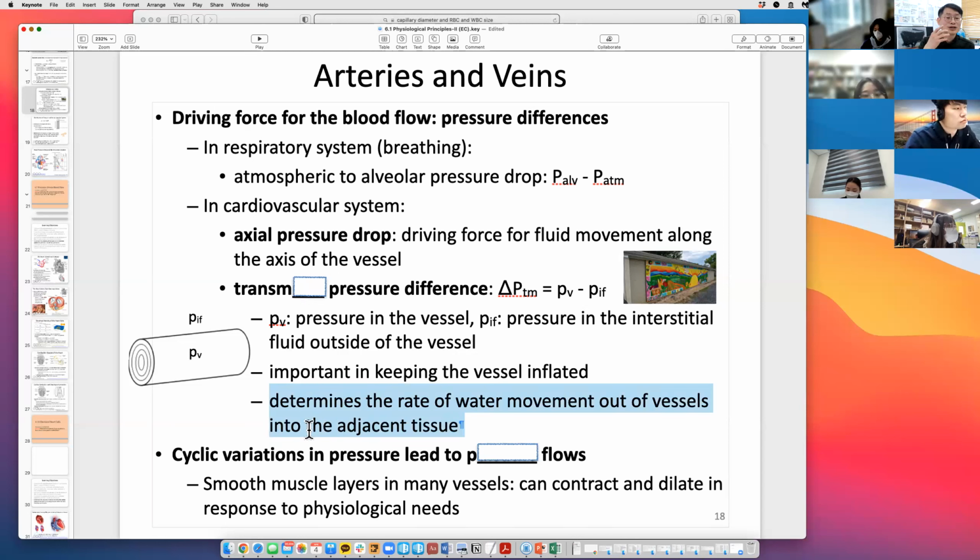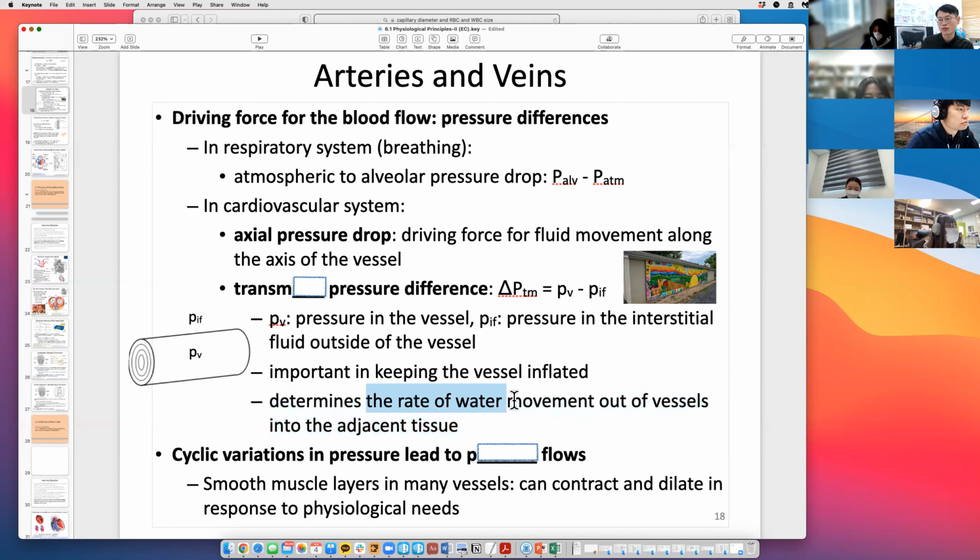So in terms of your vessel, especially the capillary, it's very special. It's not just a simple pipe, because its role is to take oxygen and nutrient molecules from the inside to the outside, into the interstitium where the cells reside.